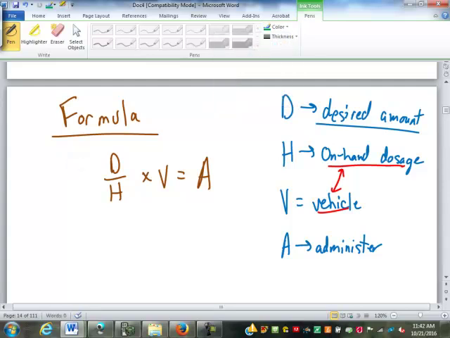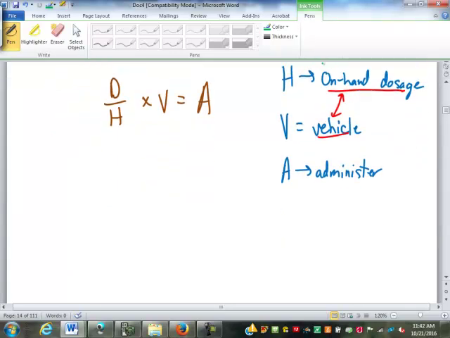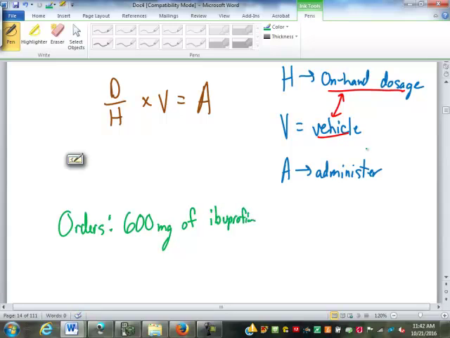So let's look at some examples. Our doctor orders 600 milligrams of ibuprofen. You look at your bottle.